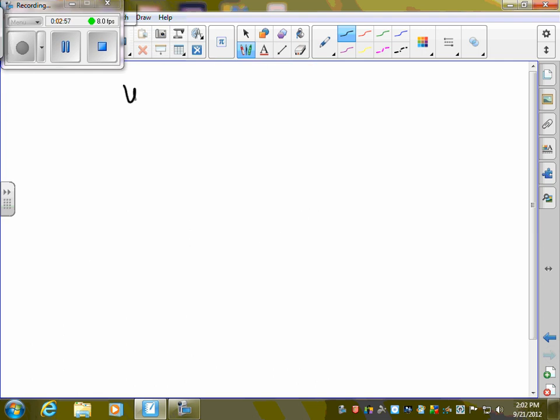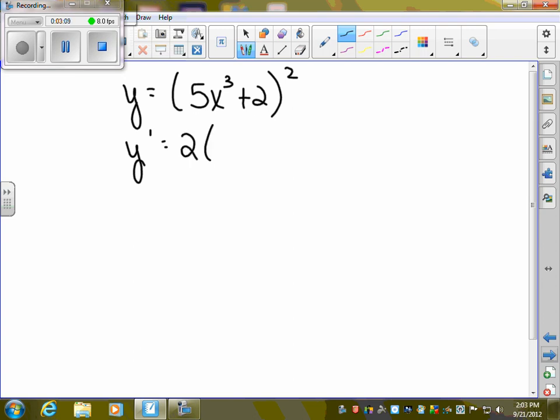So let's say we had (5x cubed plus 2) squared. Now our shortcut says it would be really nice if we could just pull that power to the front, drop the exponent down, and that would be the answer. So let's expand it; we're going to do it the long way.